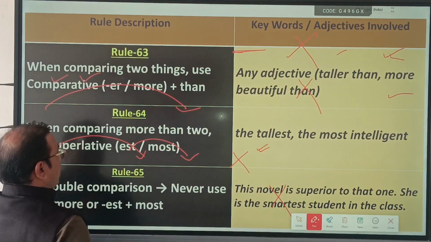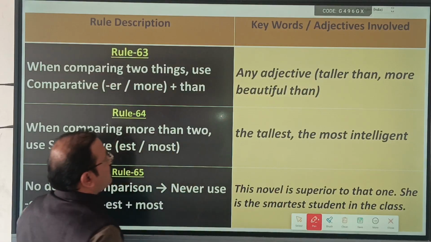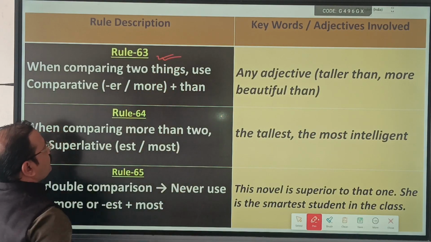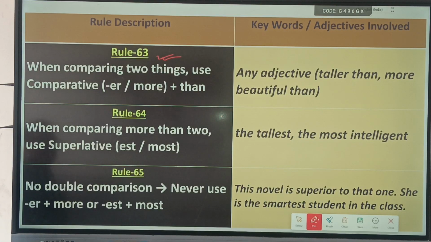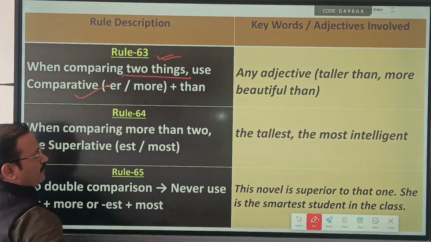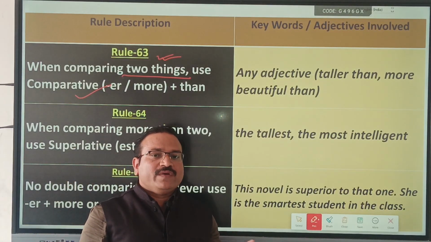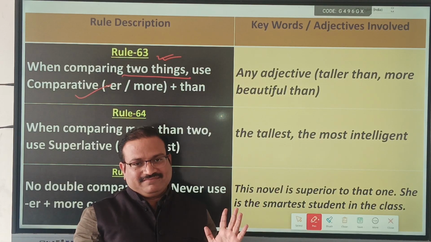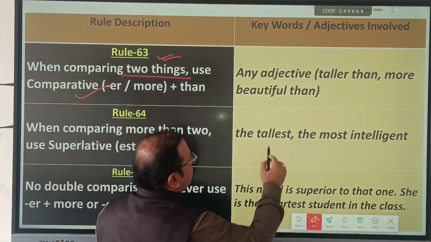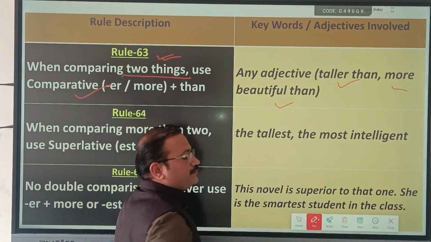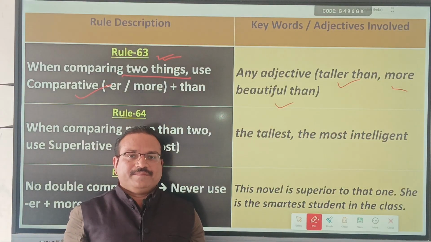Now, this rule again is very, very important. Rule number 63. When comparing two things, we use the comparative. When do we use the comparative degree? When we compare two things. This is better than that. When you are comparing two things, we shall use the comparative degree.